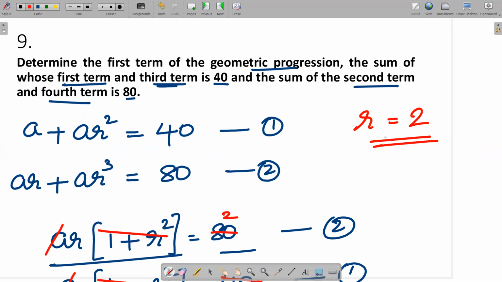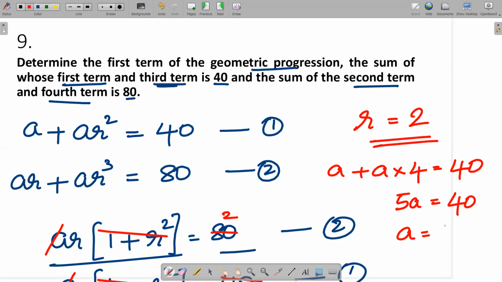Substitute the value of R in either the first or the second equation. It is convenient to substitute in the first equation. Thus A plus A into R square, that is 4, equals 40. So 4A plus A, which is 5A, equals 40. That gives A equal to 40 upon 5, which is 8.